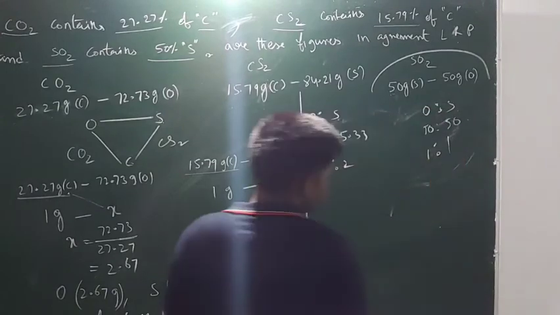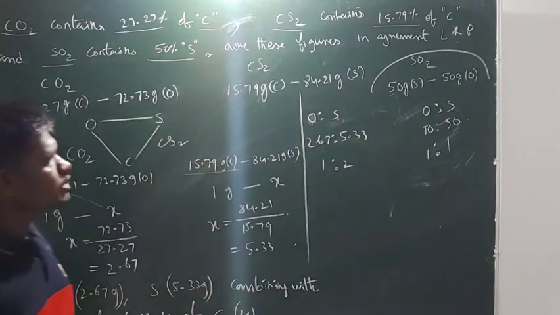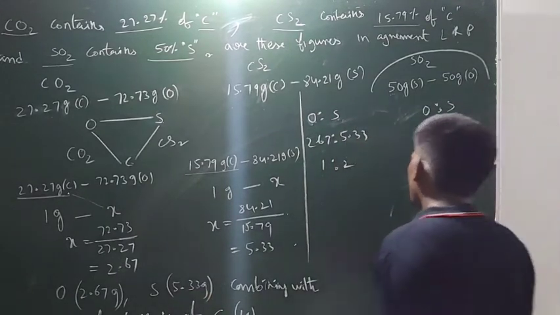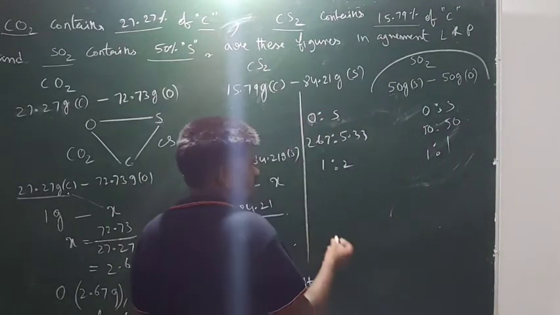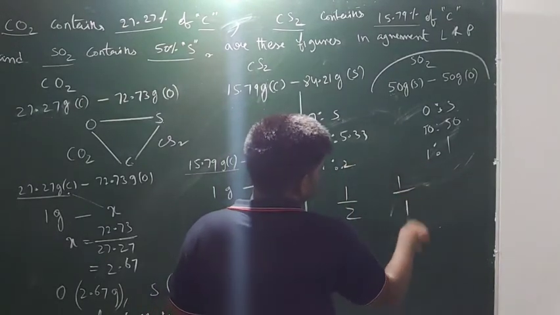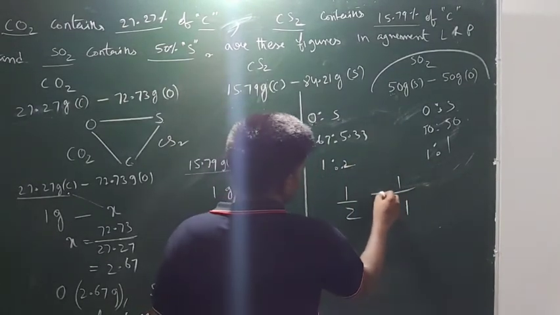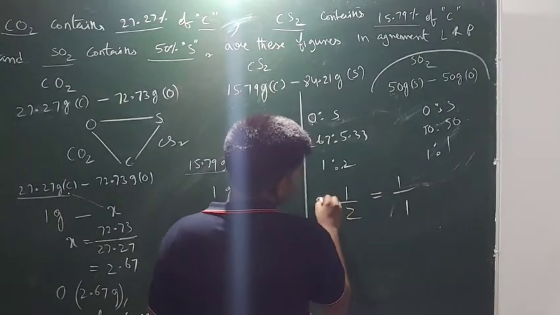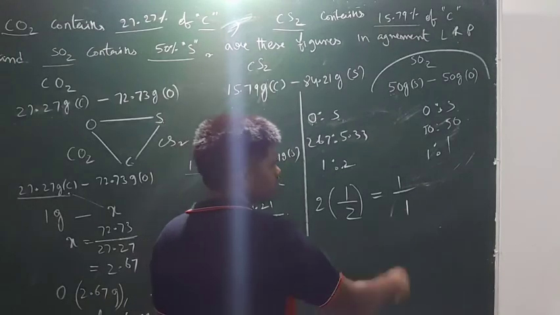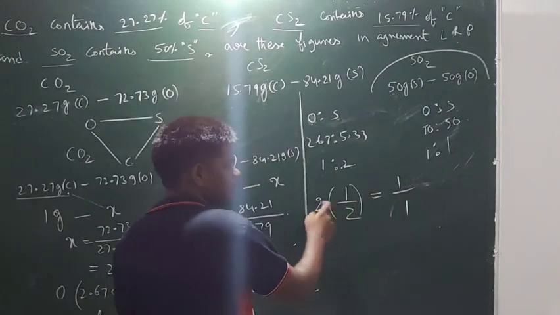Now these two, 1:2 and 1:1, let us check whether these two are multiples or not. These two are not the same. You can take 1:2 as 1/2 and 1:1 as 1/1. When you multiply 1/1 with 2, you get 1/2.